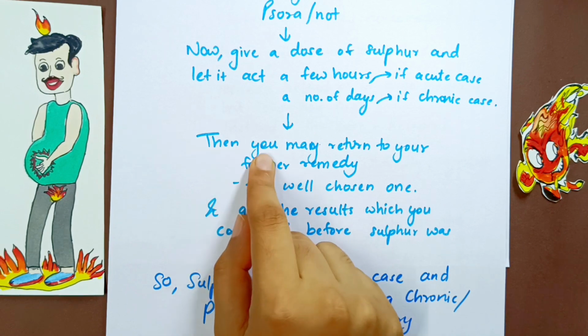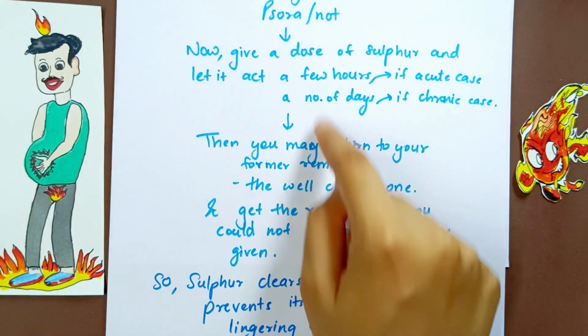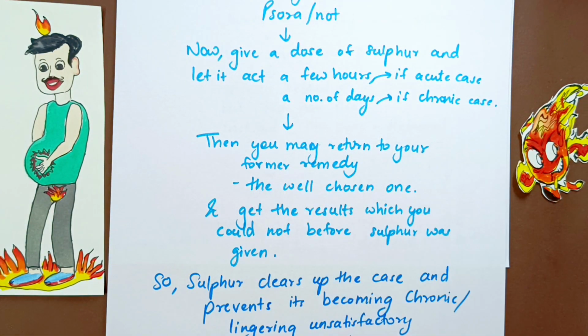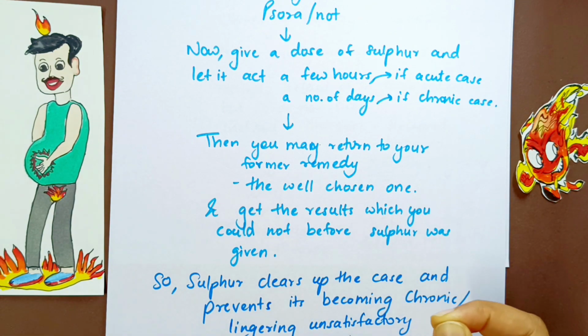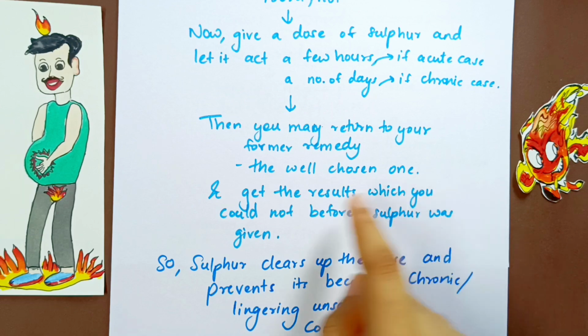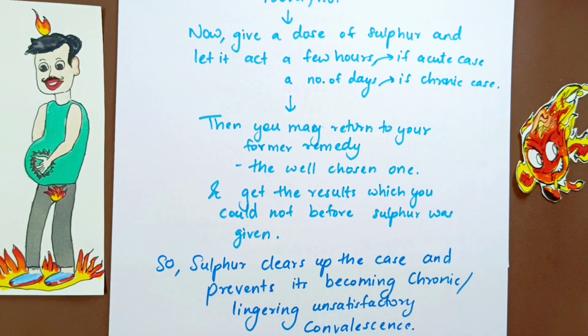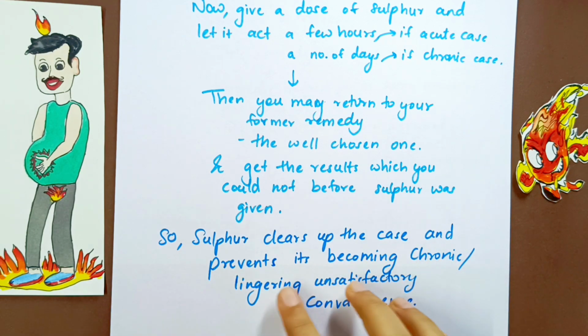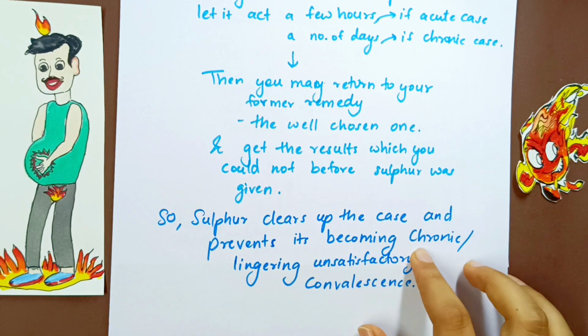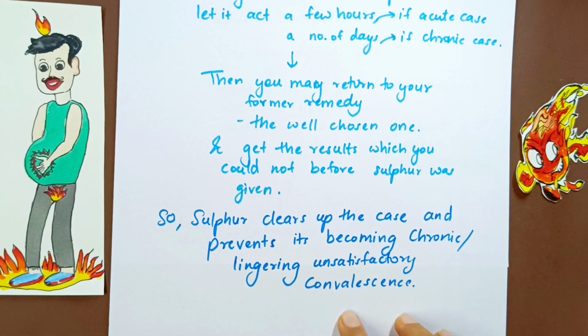Now then you may return to your former remedy. After this, again give the remedy that you have well chosen, the one you have homeopathically chosen, and now you will actually get the results which were not there before sulfur was given. So sulfur clears up the case and prevents its becoming chronic or lingering unsatisfactory convalescence.